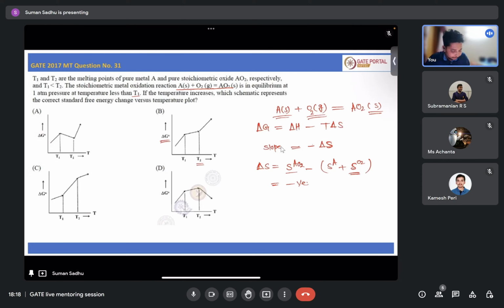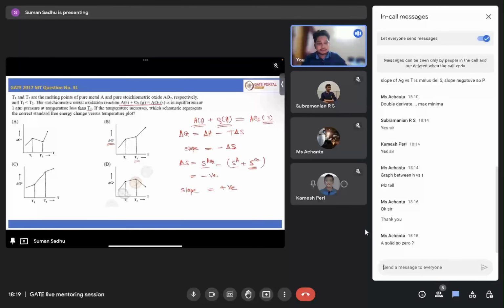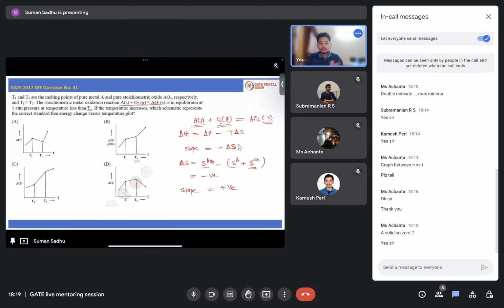So if delta S is negative, it means your slope is... it may not be exactly zero, but that value will be very negligible, because in case of solid also you have configurational entropy, right? So entropy has two terms. One is configurational, and another is thermal entropy. Only thermal entropy is considered to be zero at absolute zero temperature, that is at T equal to 0 Kelvin.